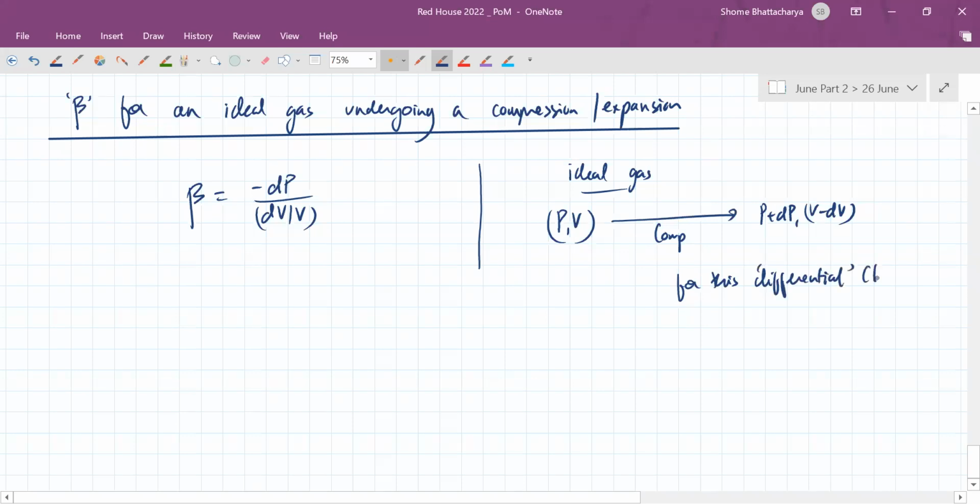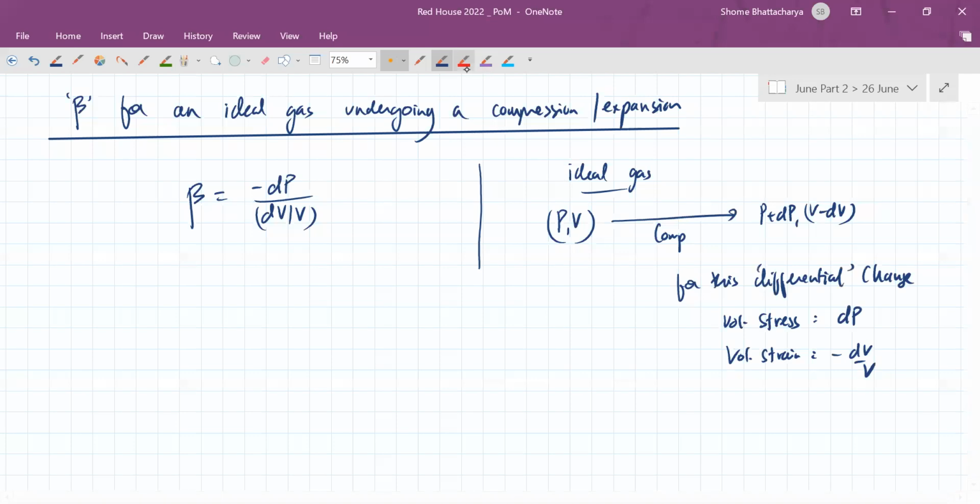So at that moment, for this differential change, the volume stress at that moment is the change in pressure, and the volume strain is minus dV by V. Or in the same way, if it is going through an expansion, the pressure would decrease by a differential amount, the volume would increase by a differential amount.